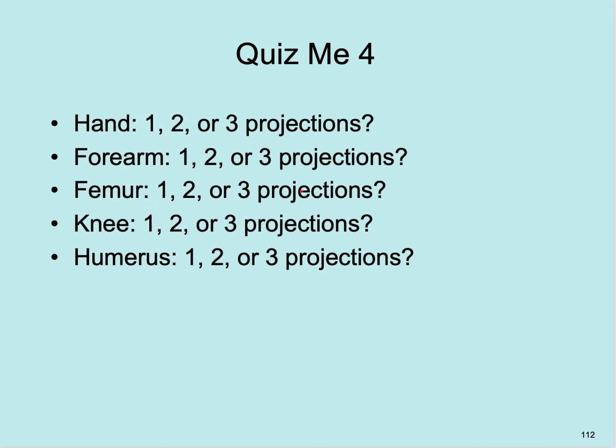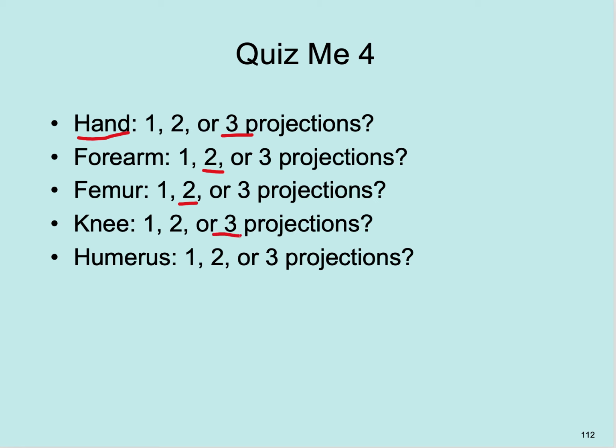So a hand, is it 1, 2, or 3 projections? Forearm, 1, 2, or 3. So a hand is going to be 3 projections. Forearm, that's your long bone. That's 2. Femur, that is a long bone. So that is 2. Your knee, that is a joint.